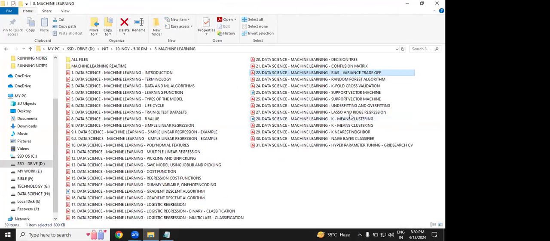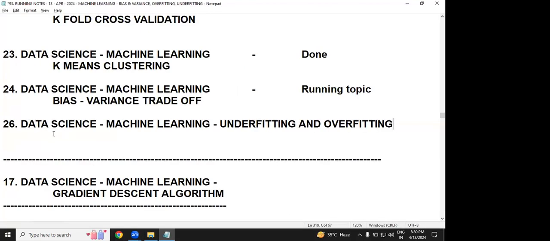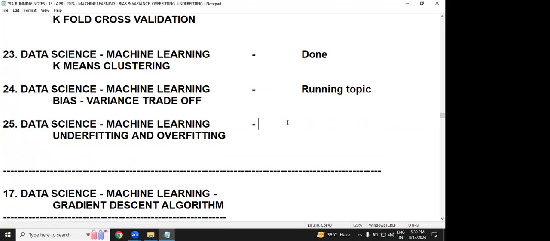The next one I'm planning is underfitting and overfitting. The order doesn't matter, just to follow the name of the topic actually.